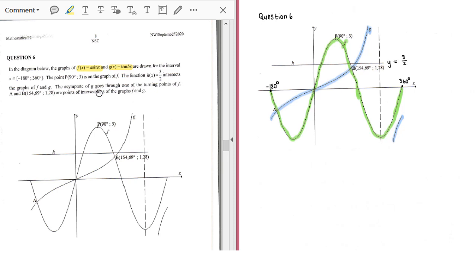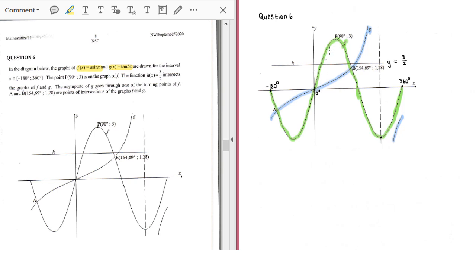Lastly, we have that one of the asymptotes of G, basically the one that is shown to us over here, goes through one of the turning points of F. They're talking about this turning point over here, and we know that this is just a normal sine function with a change in amplitude, so all our key points haven't changed.